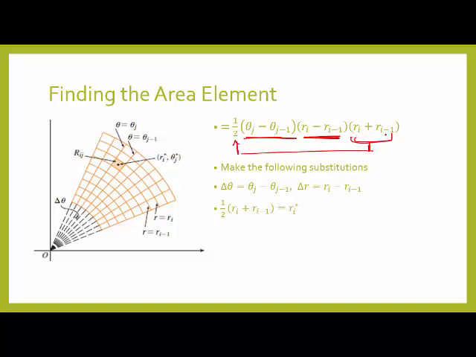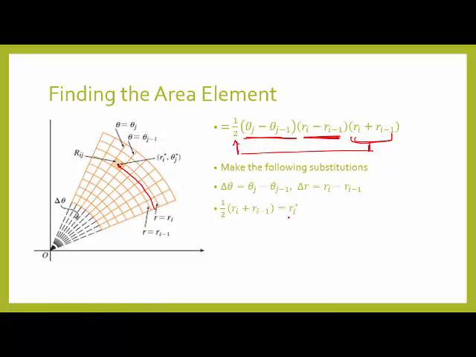Look at r sub i plus r sub i minus 1. If we add those two and then take half of that, that's like taking the average, right? Taking the midpoint. So if you take a look at this point in here, that's a point inside of the region.